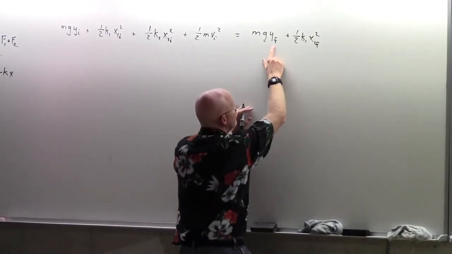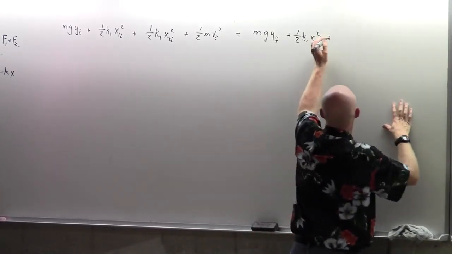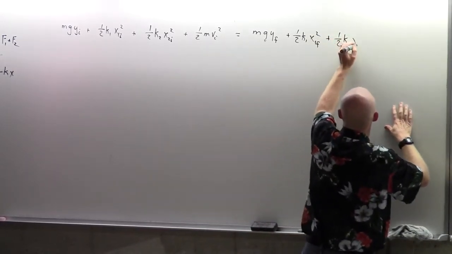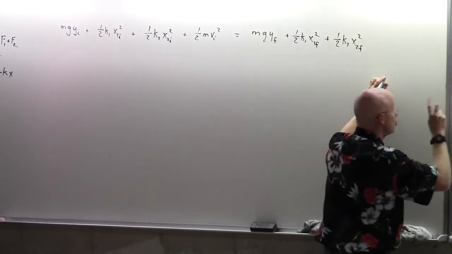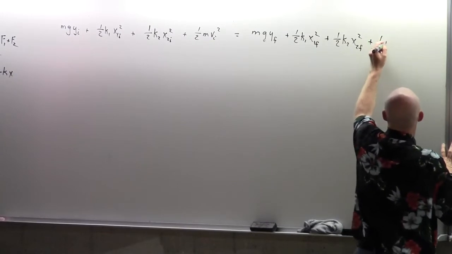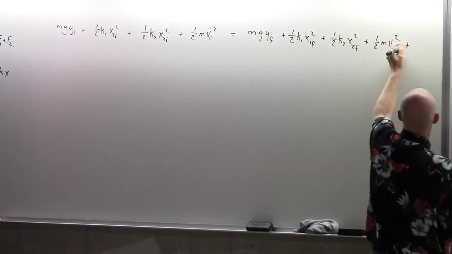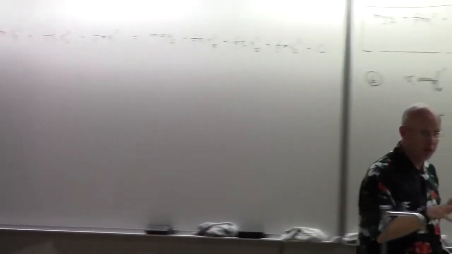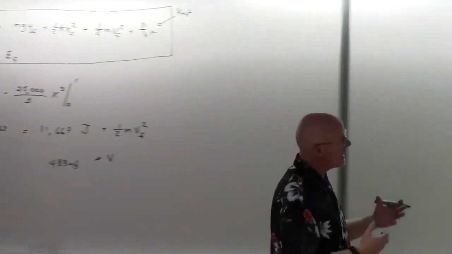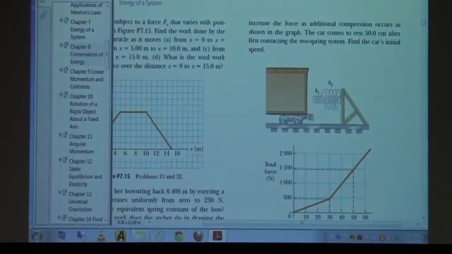So final vertical position, final position of spring 1, final position of spring 2, final velocity of the boxcar. And I might as well just put a 0 there right away too, because they did say to go ahead and neglect friction. Okay?